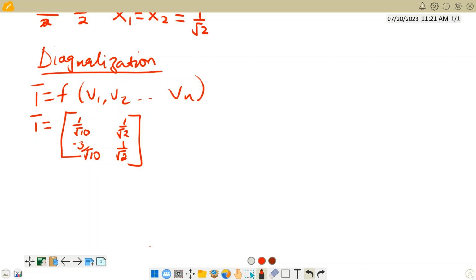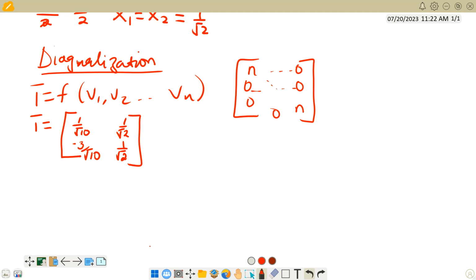A diagonal matrix takes a form like this one: numbers in the main diagonal, and everywhere else we have zeros. We want to diagonalize this matrix so that we can come up with a diagonal matrix.